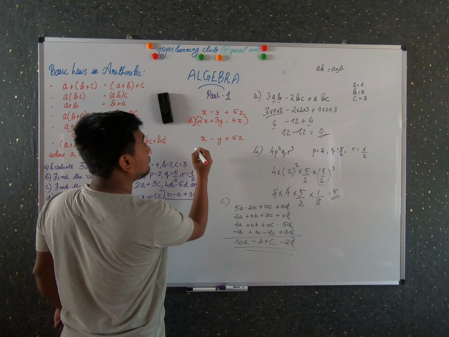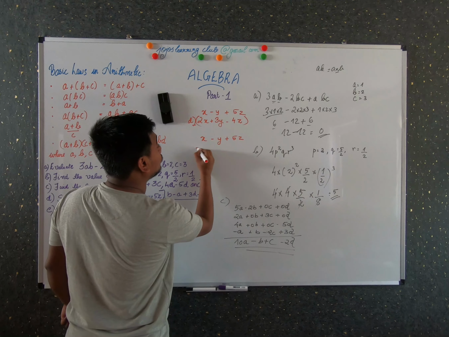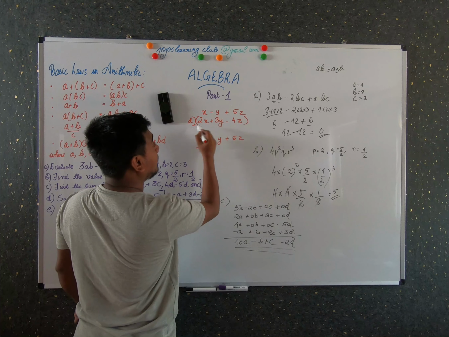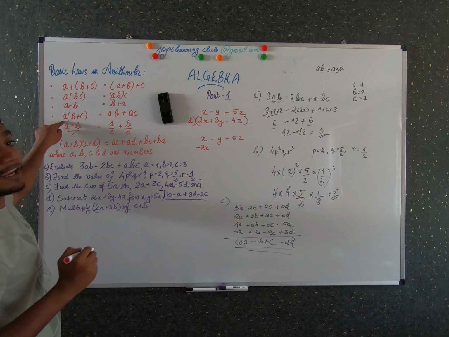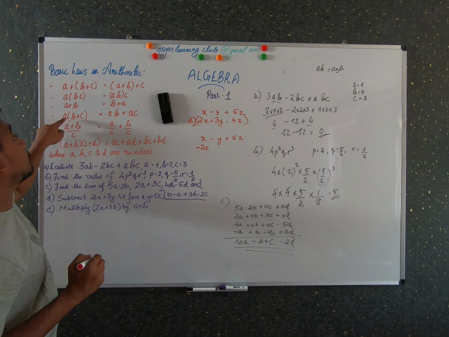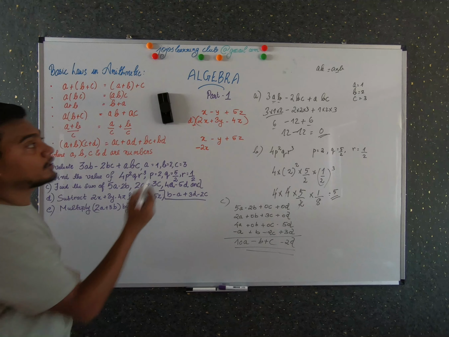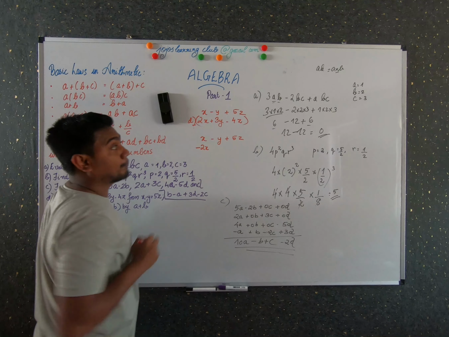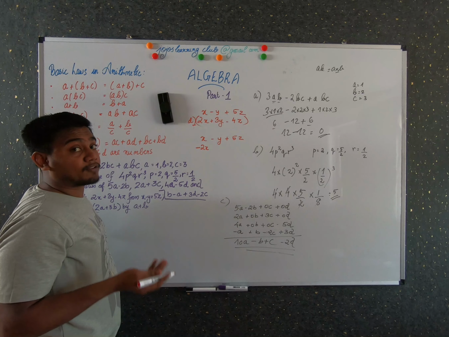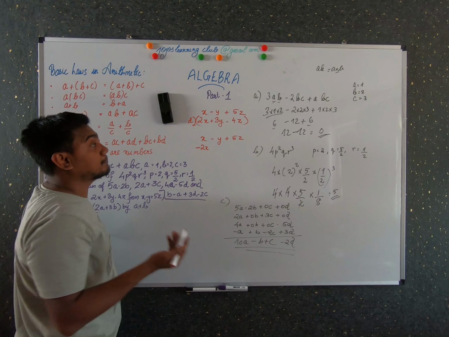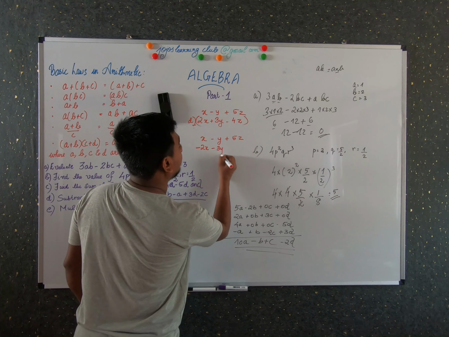So when you write it individually, you have to write minus into 2x is minus 2x. Same as here, say A, you have to consider here minus, so minus into B is minus B, plus minus into C is minus C. So minus into plus 3y, minus into plus is minus. So minus 3y.